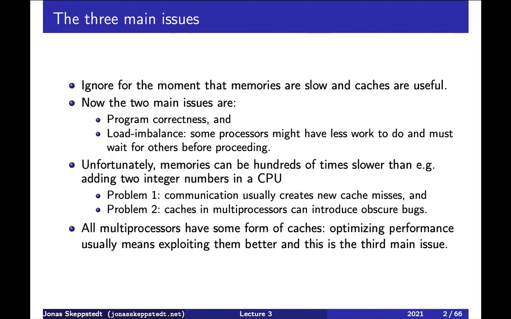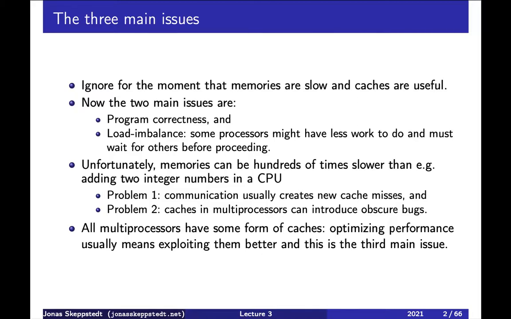So this makes it an interesting problem to parallelize. Okay, another thing is that cache memories in multiprocessors can, if we write buggy software, introduce obscure bugs.